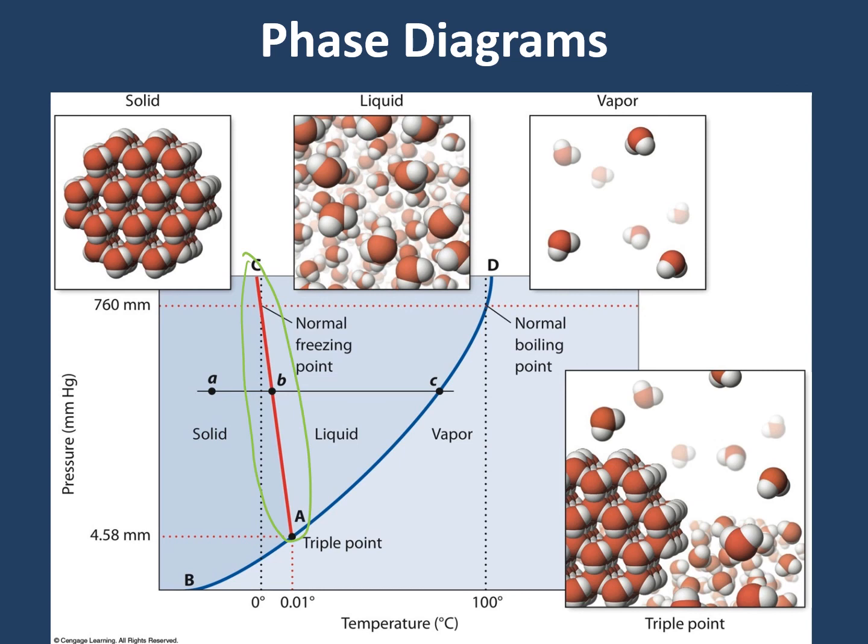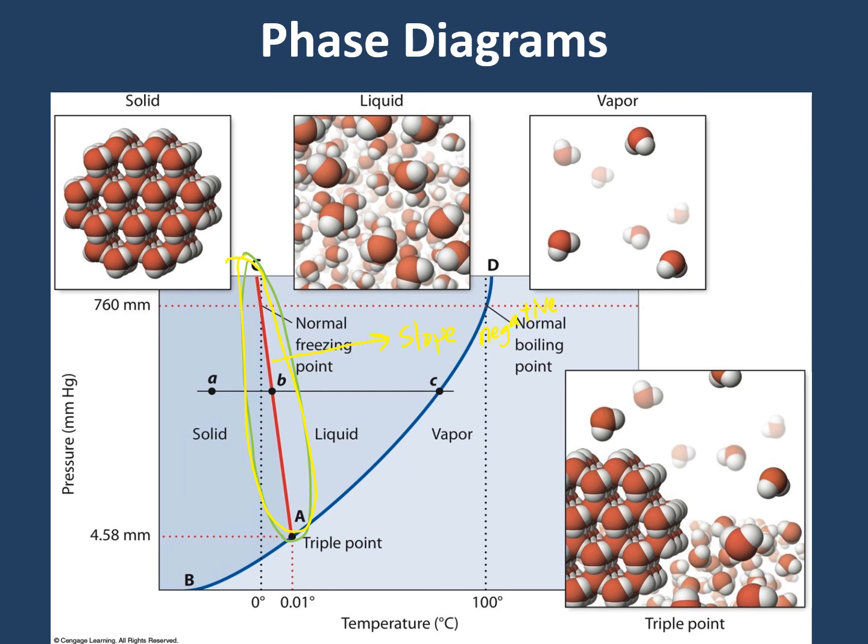Let's use a different color. The liquid solid line here. Now, if we look at the slope of this line, right? The slope of this line is negative. And hopefully we can see that just by the graph, right? And this actually means something specific about our substance. It tells us that the solid state is less dense than the liquid state.